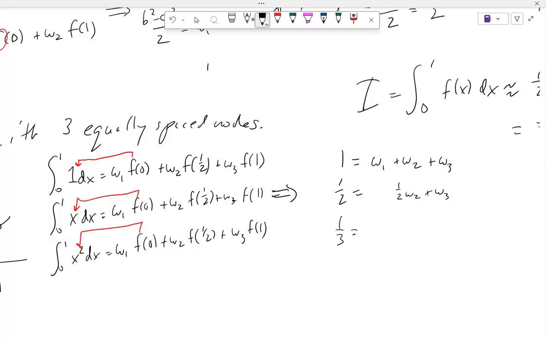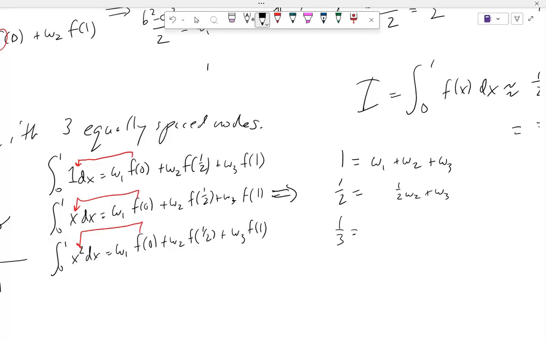Where do we plug the numbers in for the third one? Where did the 0, 1/2, and 1 go this time? X squared. So what do we get for our coefficients for our W1 and W2 and W3 in this case?